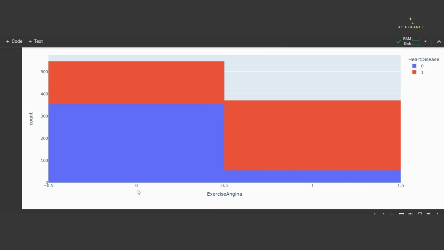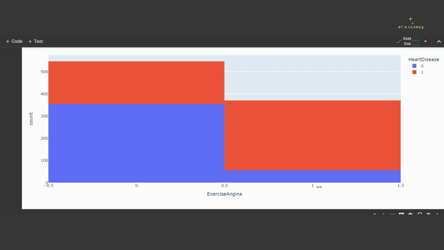By looking at this particular bar, where the patients are not having exercise induced angina, we can clearly see that if the patient is not having any angina after performing exercises, we cannot clearly say that the patient is going to have heart disease, because the proportion in this data set for this case is almost equal.